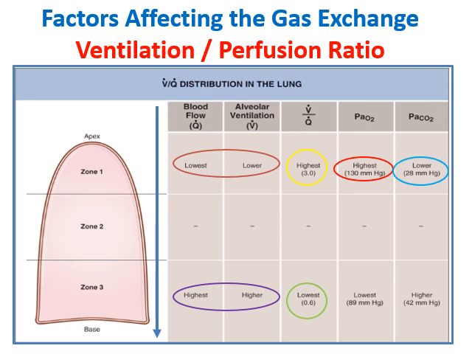In zone 3, where the ventilation-perfusion ratio is lowest, the partial pressure of oxygen is lowest and the partial pressure of carbon dioxide is highest. These regional differences are present in healthy lungs, and the blood leaving the lung via the pulmonary vein has an average partial pressure of oxygen of 100 mm mercury and an average partial pressure of carbon dioxide of 40 mm mercury.